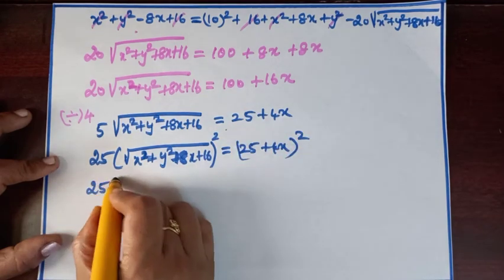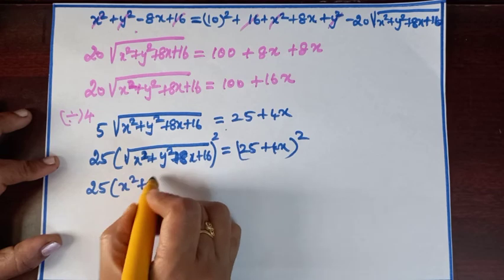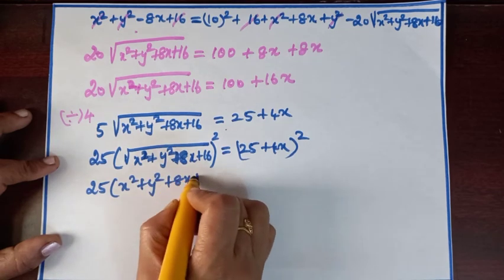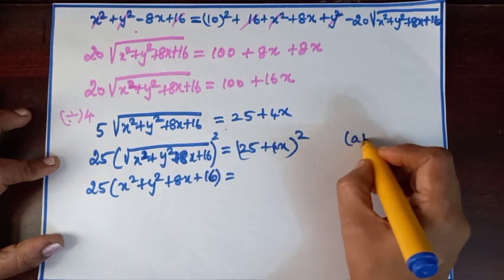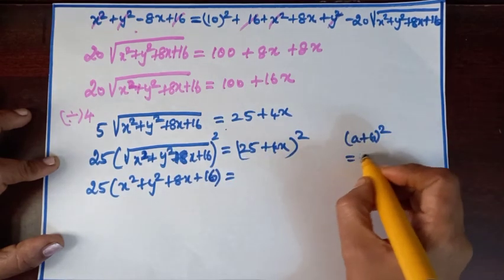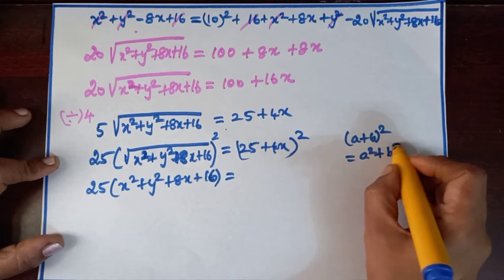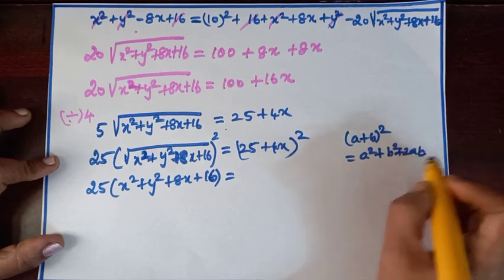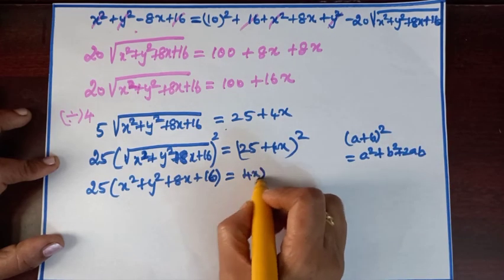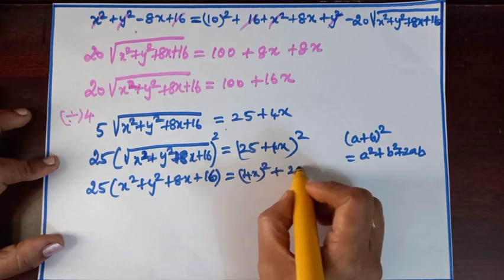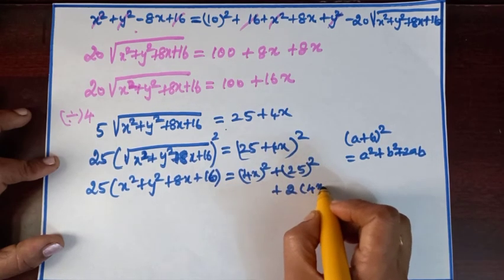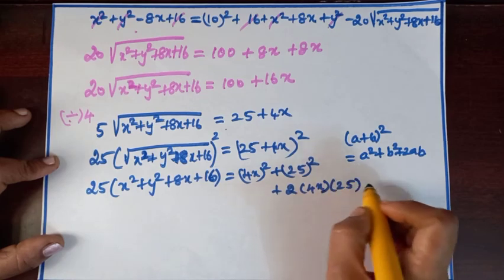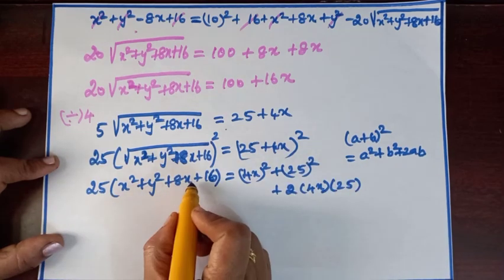Here we are going to use the identity (a plus b) the whole square equal to a square plus b square plus 2ab, which is nothing but (4x) the whole square plus 25 square plus 2 into 4x into 25. Now I am going to multiply inside with 25.